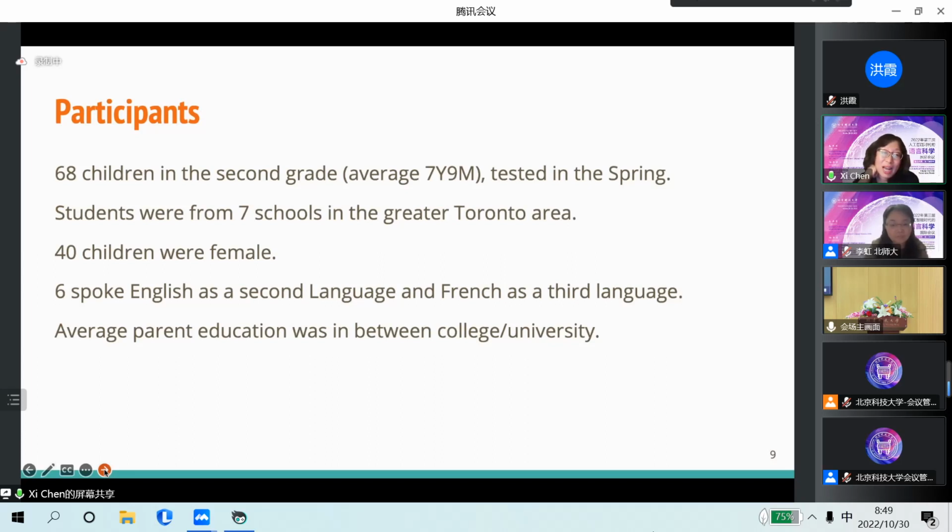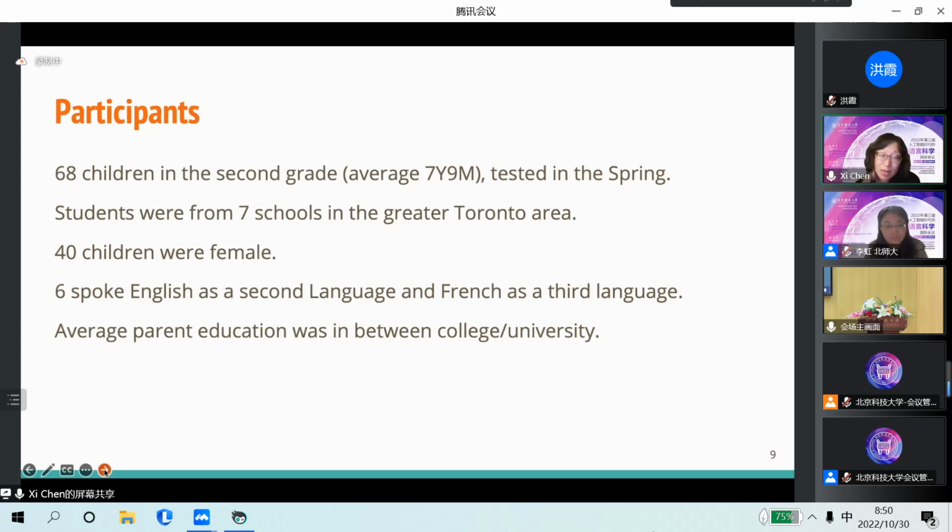So we had 68 children in the second grade. The mean age was 7 years and 9 months. They came from 7 schools in the greater Toronto area, and a little over half of the kids were female. And then we had 6 children we call ELLs, English language learners.